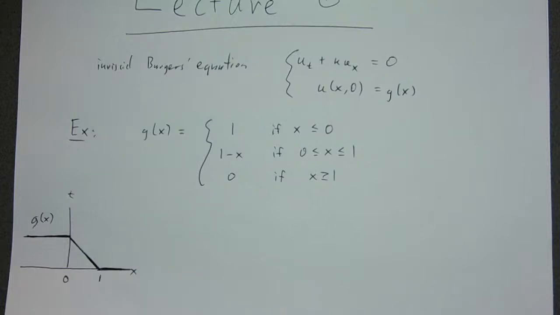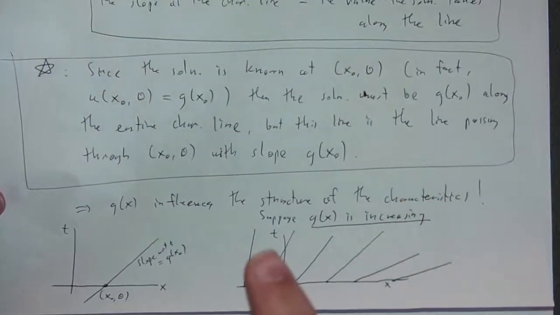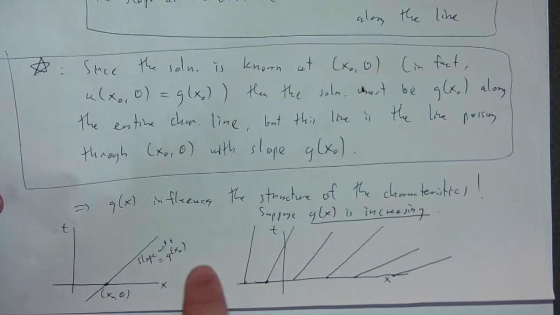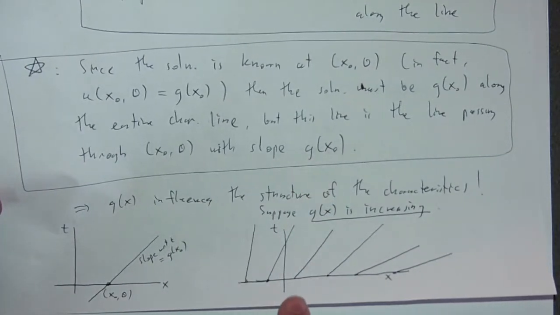Now, the question is, what does this mean for the characteristics? Going back to what I said previously, I know exactly what is going on here in terms of the characteristics.